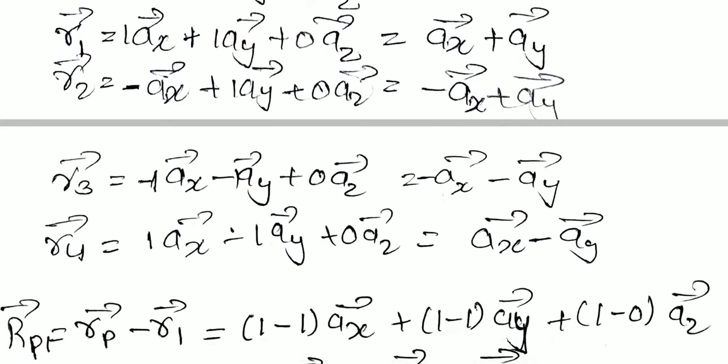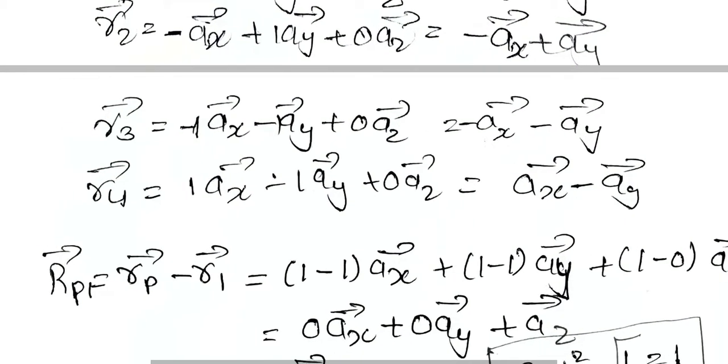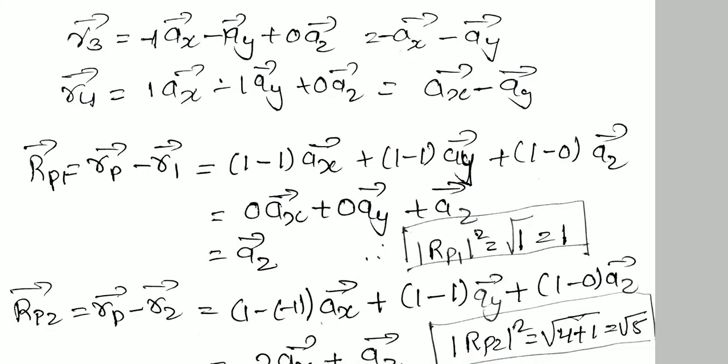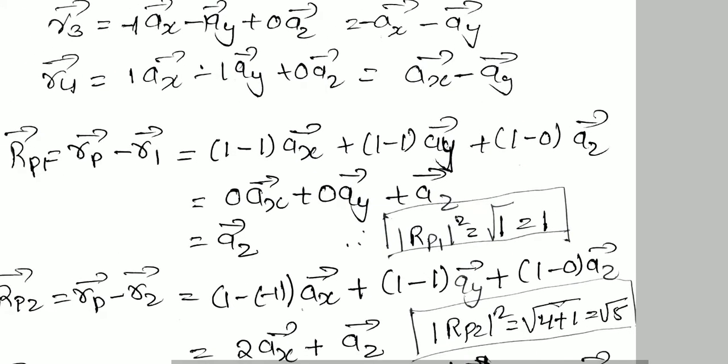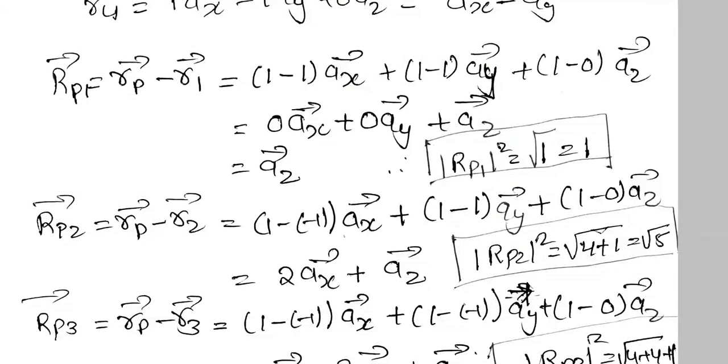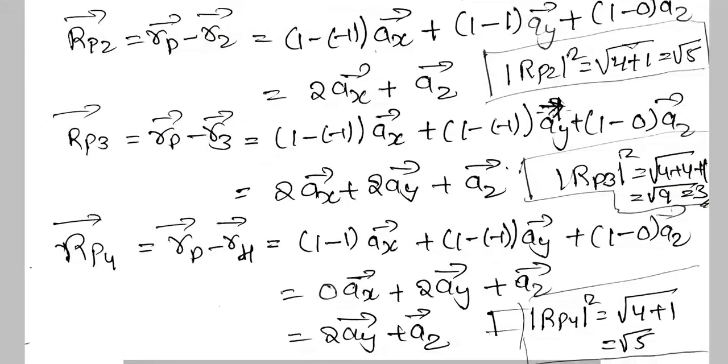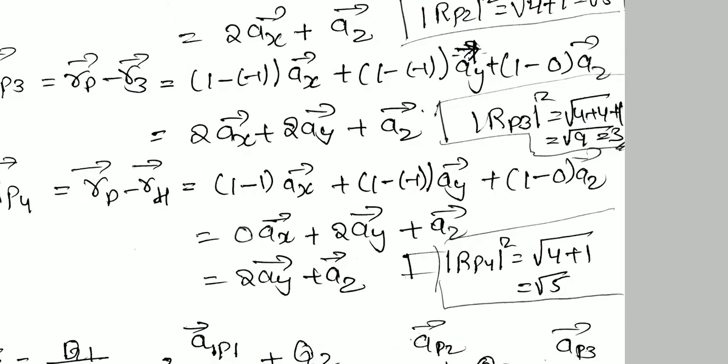The position vectors R1, R2, R3 and R4 of points P1, P2, P3 and P4 are calculated. After this, we calculate the distance vectors. The distance vector between P and R1 is Rp minus R1, and the magnitude is also calculated. Similarly, we find the distance between P and R2, P and R3, and P and R4. So we have calculated the vectors as well as their magnitudes.